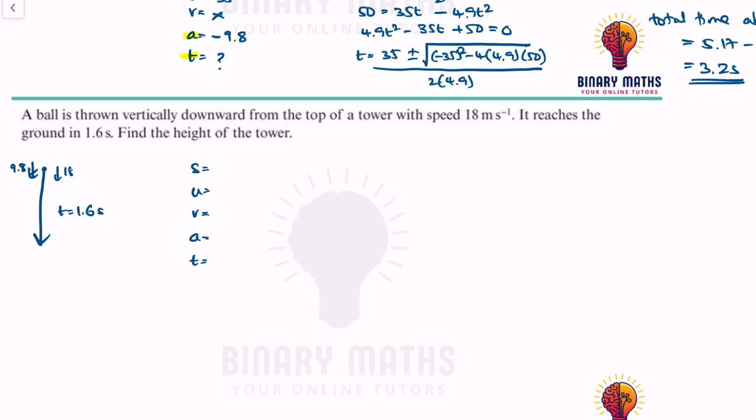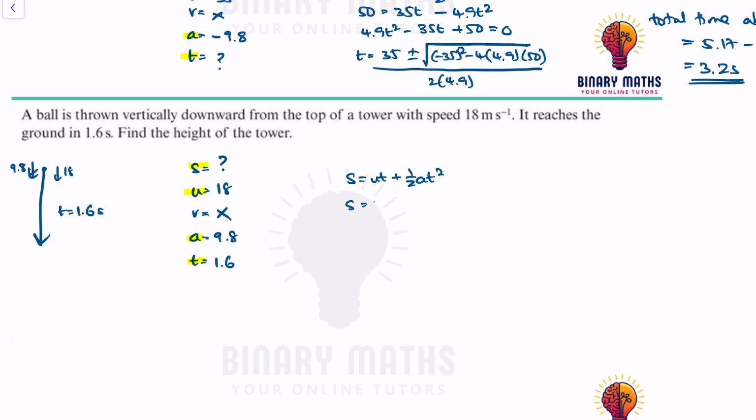So height is s. Initial speed is 18. We don't know the speed when it hits the ground. Acceleration is 9.8. The time is 1.6. So what we have is s, u, a, and t, which means s is equal to ut plus half at squared.